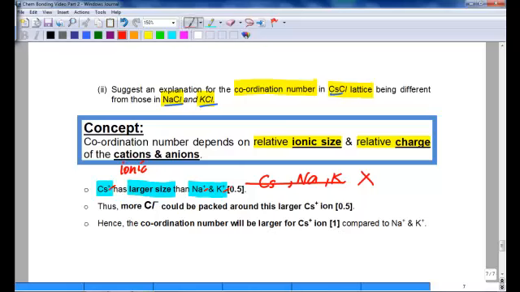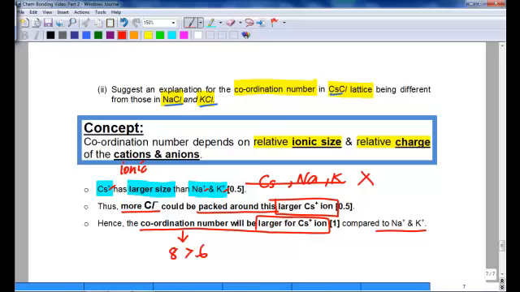Since it has a larger size, more Cl- could be packed around this larger Cs+ ion, and hence the coordination number will be larger for the Cs+ ion as compared to Na+ and K+. In fact, if you check it out, the coordination number should be 8, which is more than 6.